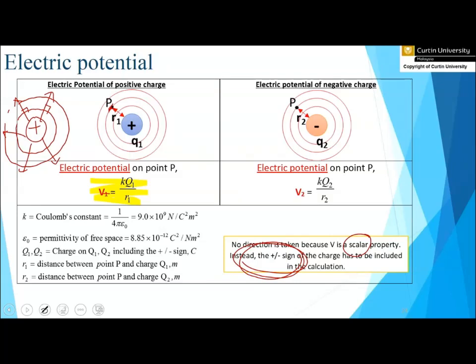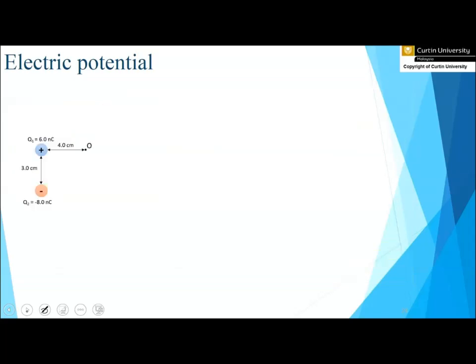Alright? It is similar to electric field and electric force, but for potential and potential energy, it's a scalar, and the formula is a bit different in the R. Your R does not have the square.